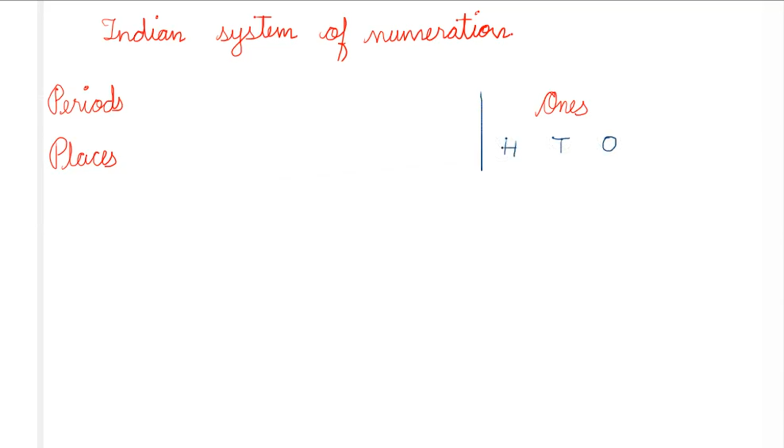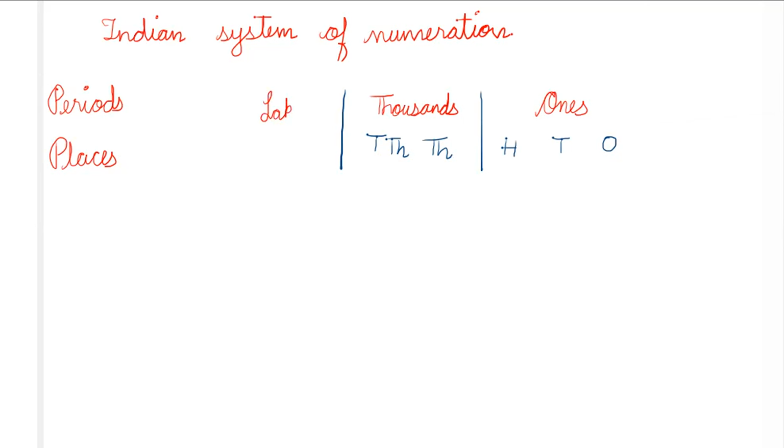So these are the three place values under period 1. Okay, so moving on to the next period, it is thousands. So under thousands we have 1000 and 10,000.